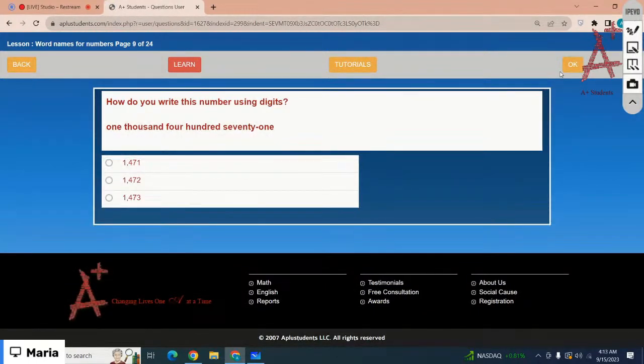How do you write this number using digits? 1471 is the correct option, option number 1.